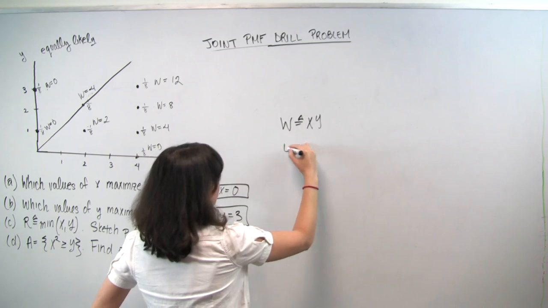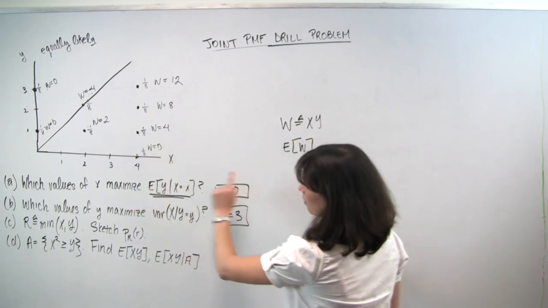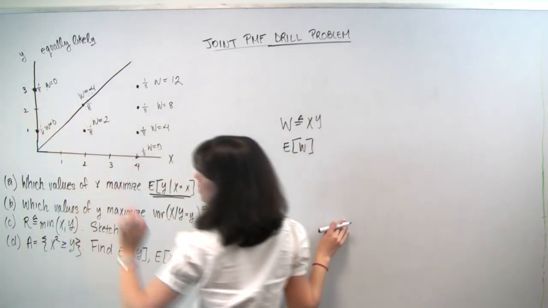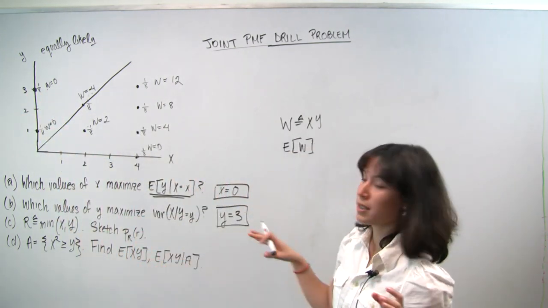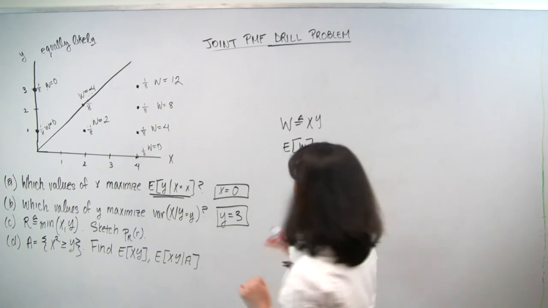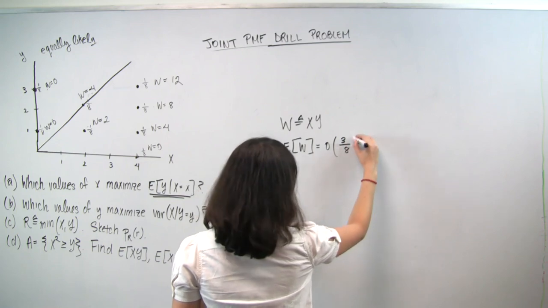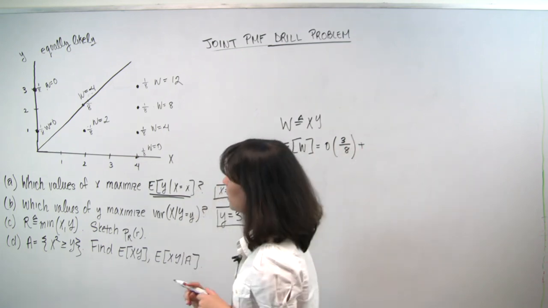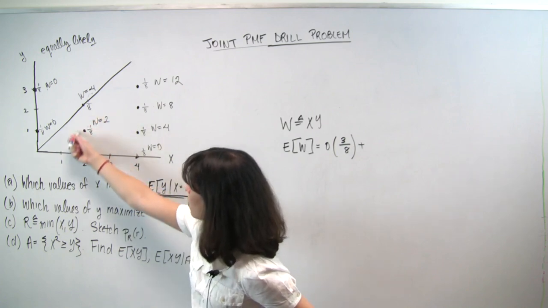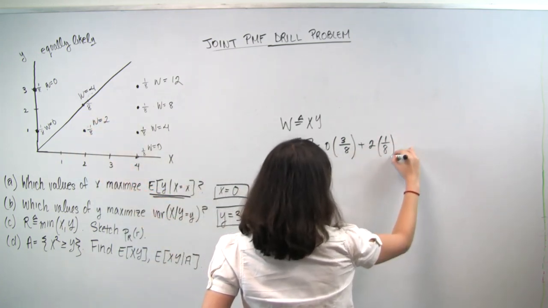So the expectation of w: w takes on a value of 0 when this happens, or that happens, and we know that those 3 points occur with probability 3 over 8. So we have 0 times 3/8. I'm just using the normal formula for expectation. W takes on a value of 2 with probability 1/8, because this is the only point in which it happens. 2 times 1/8.